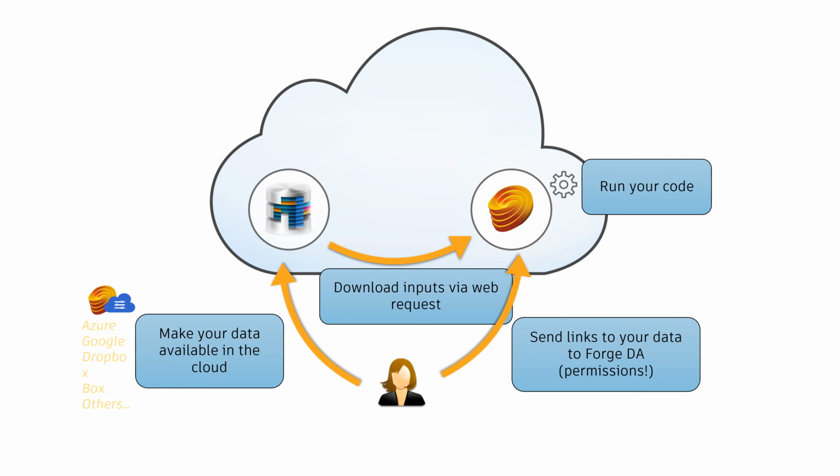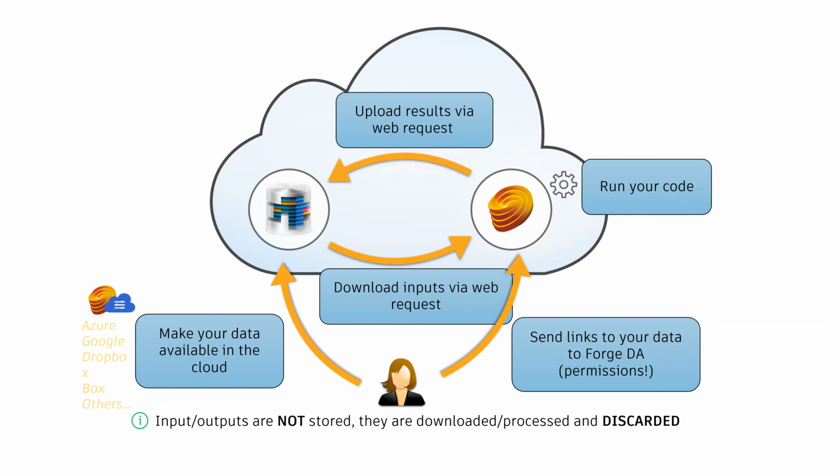Once we process the design data using your code, we will send back the results to the links which you have shared in the first place, back to the cloud storage service. Throughout this process, we process and we just discard. So we will not store any of your information once the work item is done. I have used a word called work item. I'll be explaining what this work item is in the subsequent slides.